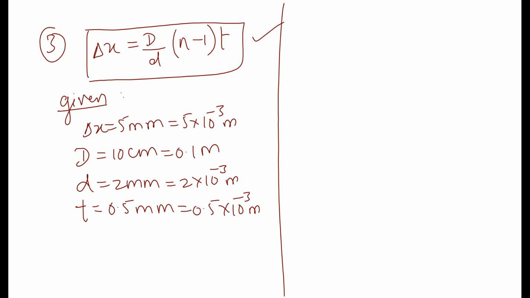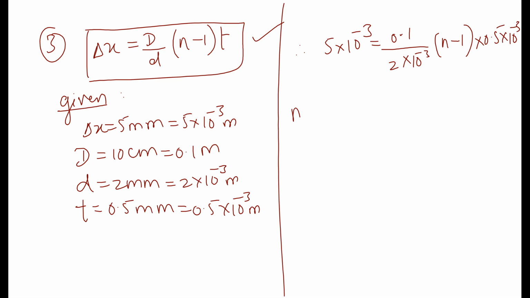So substitute all these values in this equation, then it becomes 5 into 10 to the power of minus 3 is equal to 0.1 divided by 2 into 10 to the power of minus 3, n minus 1 is kept as it is, into t value substituted as 0.5 into 10 to the power of minus 3.